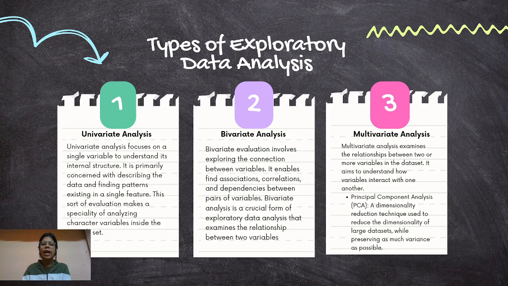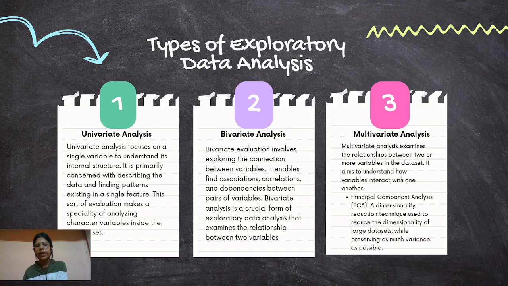This sort of evaluation focuses on analyzing individual variables in the data set. Basically, in univariate, we just focus on a single variable, its pattern, and it is a very basic and simple analysis.